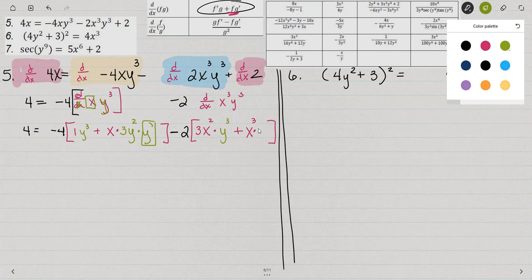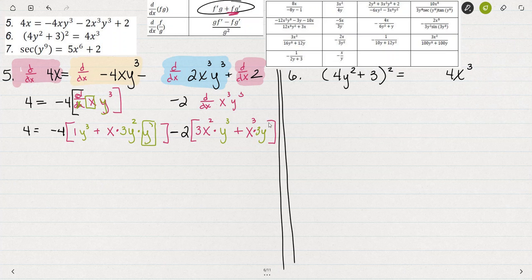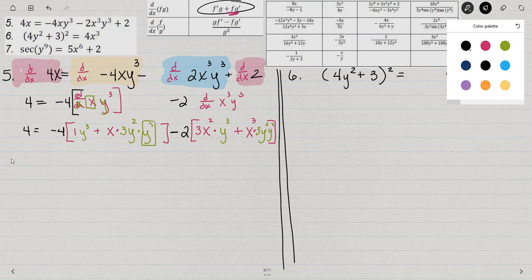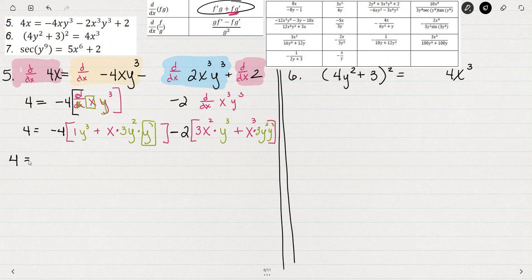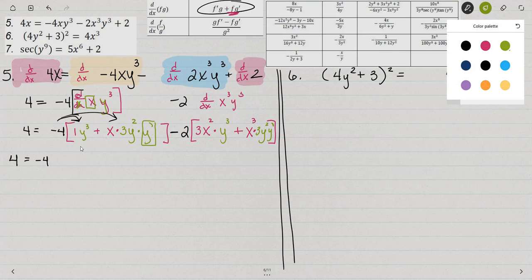Here's where I've got a chain, right? So I've got 3y squared, and then remember to chain that y prime. Simplifying this just a little bit, I'm going to have 4 equals, when I distribute this 4 to both pieces here, negative 4y cubed.